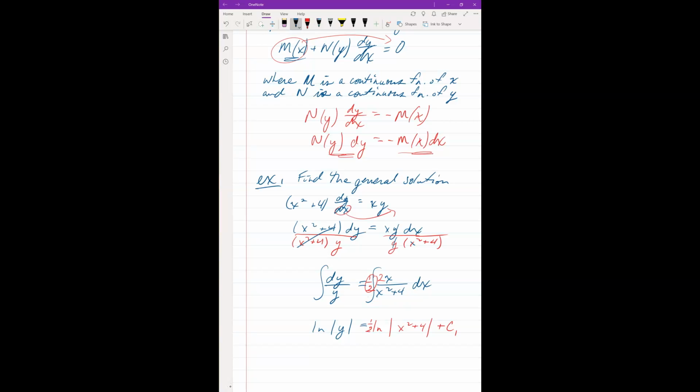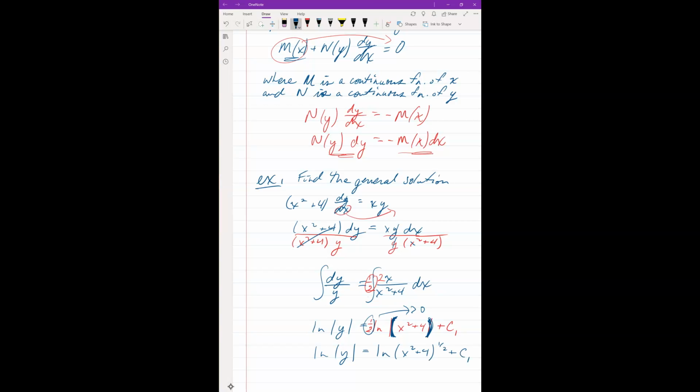Now, we can simplify this because we don't need the absolute value on that x squared plus 4, because it's always greater than 0. It's non-negative, and so that's kind of nice. Next, before we exponentiate, we're going to bring this 1/2 up. So this is going to give us natural log absolute value of y is natural log of (x squared plus 4) to the 1/2, plus C1.